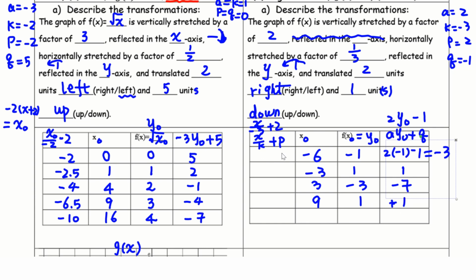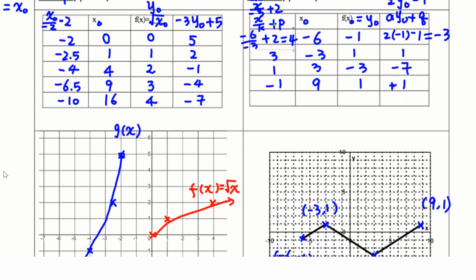Then for the x, negative 6 divided by negative 3 plus 2 gives you 4. Negative 3 divided by negative 3 plus 2 is 3. 3 divided by negative 3 plus 2 is positive 1. 9 divided by negative 3 plus 2 gives you negative 1. So we have 4 new points.